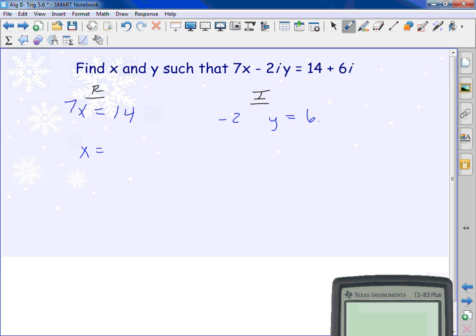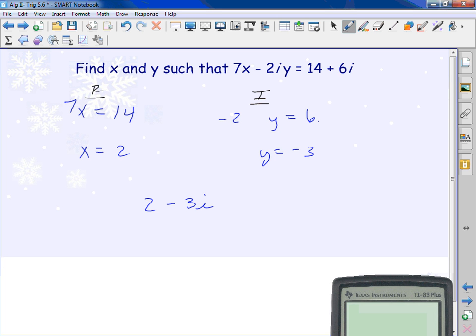What's x over here? 2. What's y over here? Negative 3. So the answer is 2 minus 3i. I divided everything by negative 2, and I got negative 3.